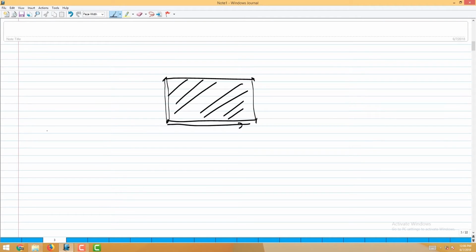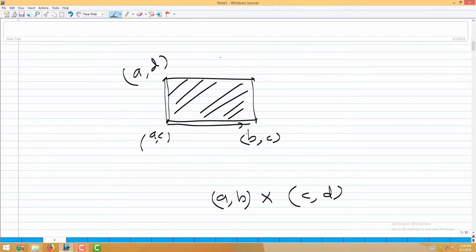In the x axis you take an interval a comma b, and in the y axis an interval c comma d, then the corners are AC, BC, AD, BD. So, this will be the rectangle. That is why axis parallel rectangles.